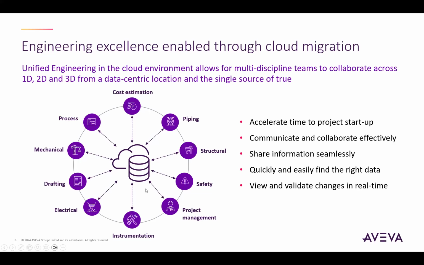It is basically sharing information seamlessly and quickly finding access to the right and the latest data, and also viewing and validating changes among the disciplines themselves in real time. If a person makes changes, the other discipline team is notified through the process that those changes happened and action should be taken by the other discipline engineers. And we'll see that live.